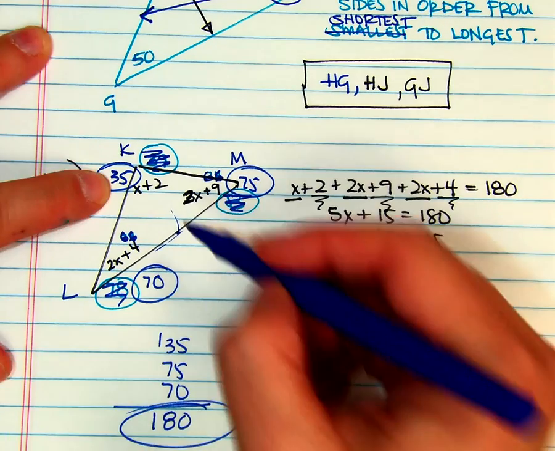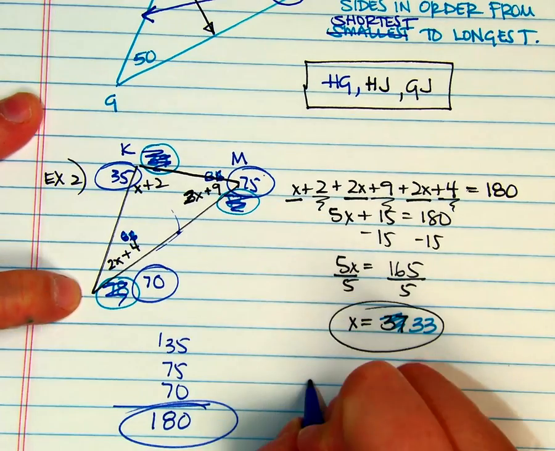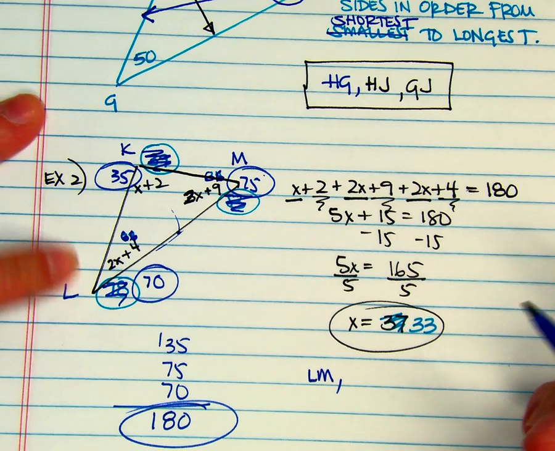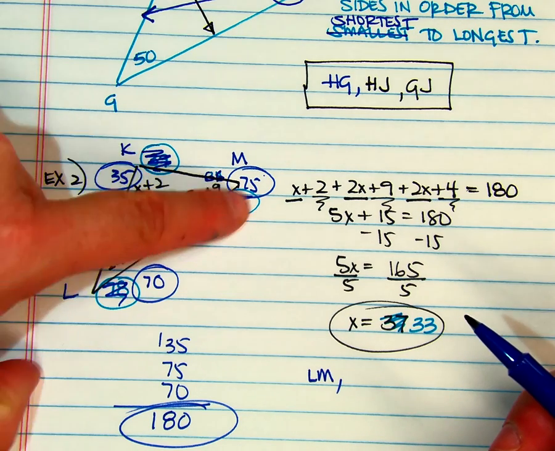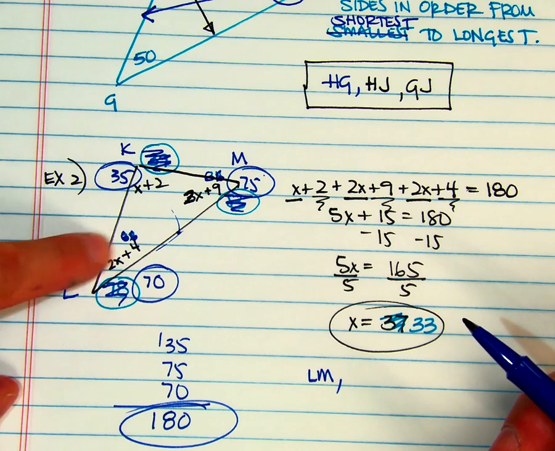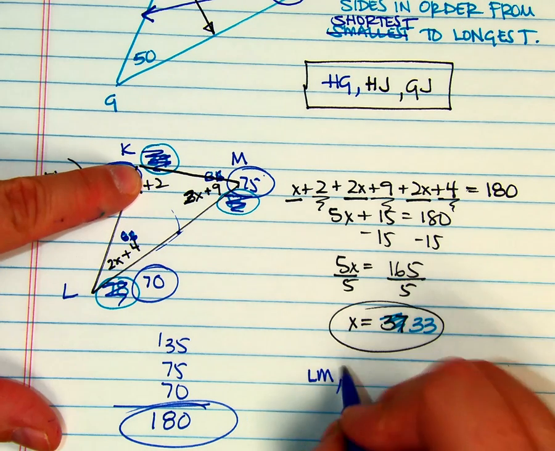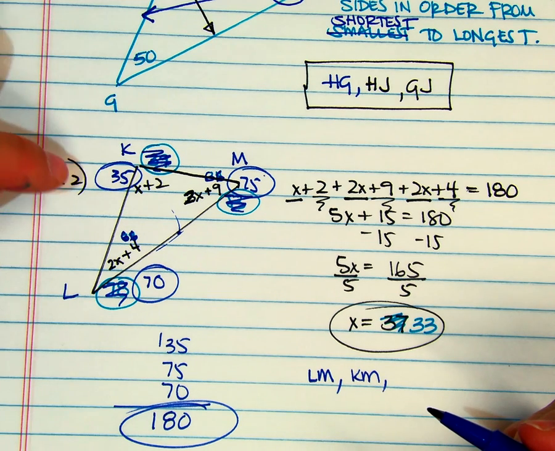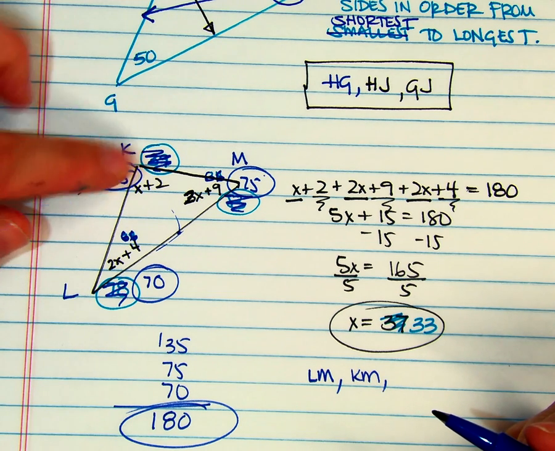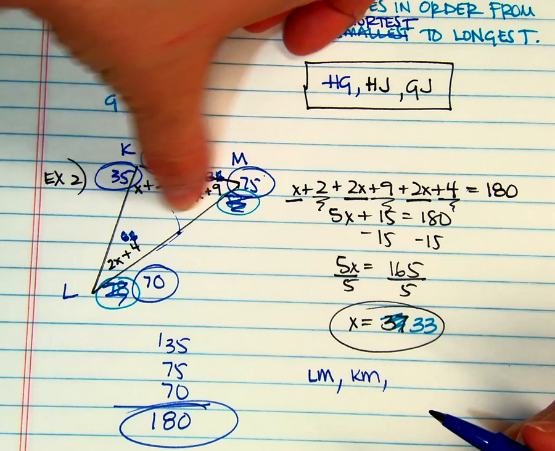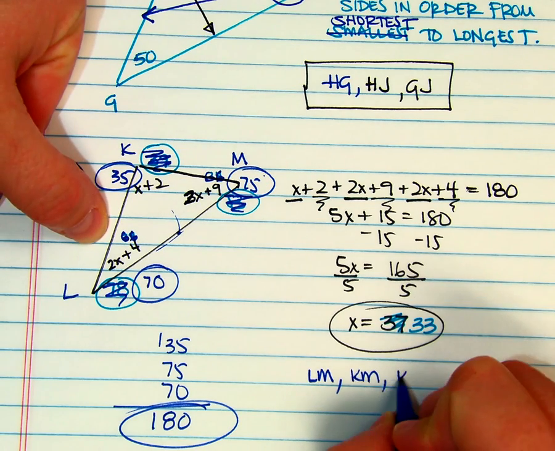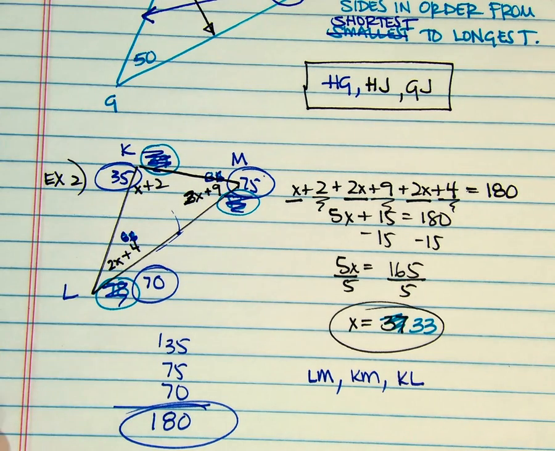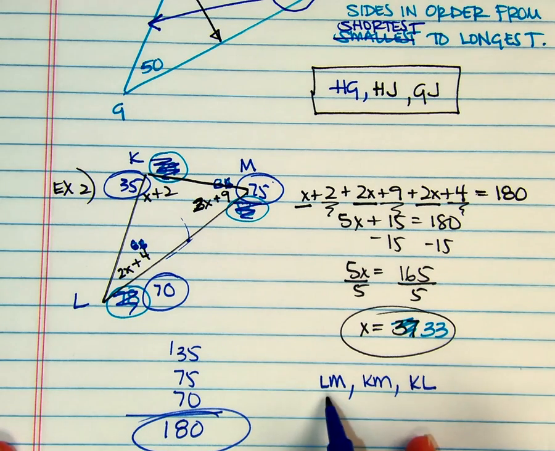So K is 35, so that means LM is the shortest. 70 is the middle size, so 70 is angle L, so KM is the middle length. And then we have M as the largest one, so that means the side opposite would be KL. So those are the side lengths in order from smallest to largest.